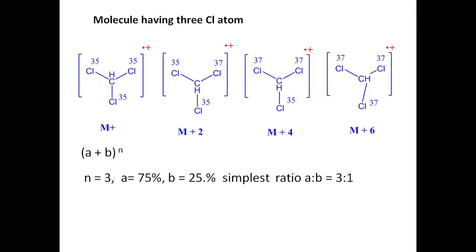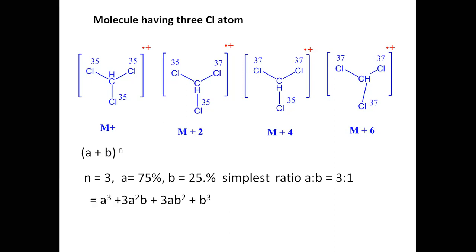See, this is the formula we can use here: (a plus b) to the power n, where n is equal to 3 now. This n is 3, and a and b will remain the same for chlorine. The a and b simple ratio is 3 to 1.